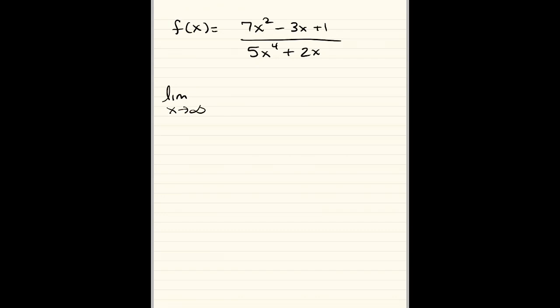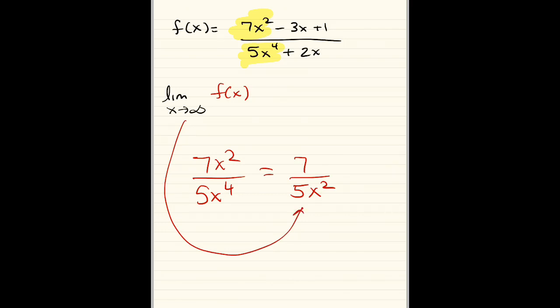Okay, let's see what happens when they don't match. In all of these examples, we saw that they match. Let's see what happens when they don't match. So in this case here, the limit as x approaches infinity, I'm going to see that they don't match, but let's reduce them. Well, I get a 5x squared. Okay? Now, there's an x in the denominator. I want you to think about it like this. A large number squared becomes even larger. 7 over a very large number, let's say a billion, a trillion, right?